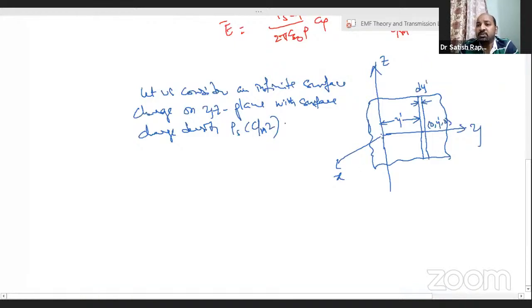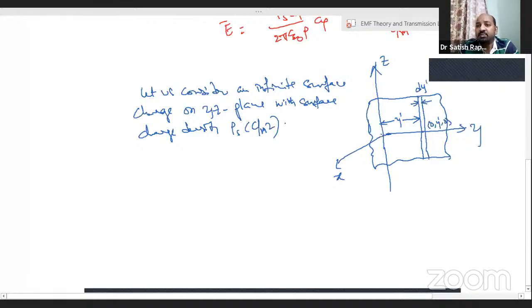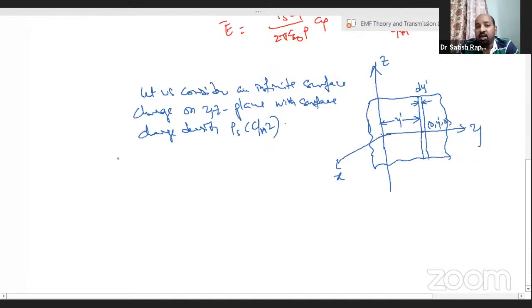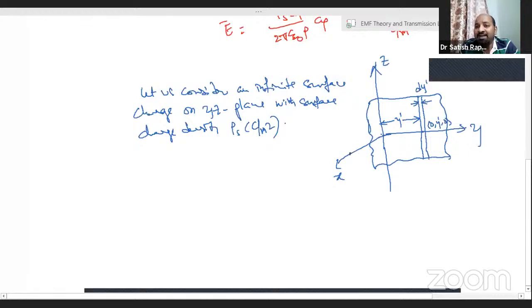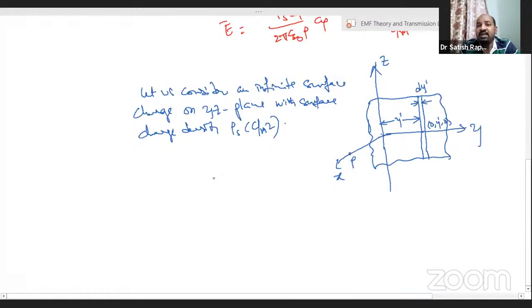I will try to determine the electric field at a point P on the x-axis.